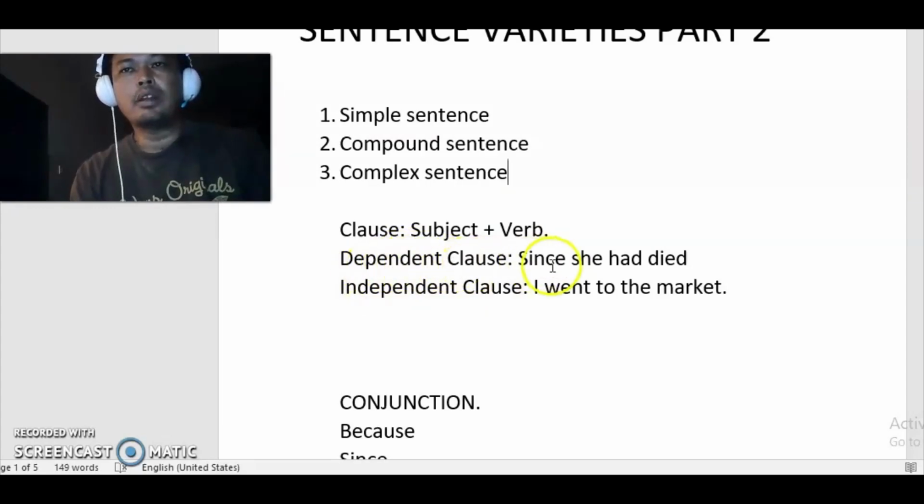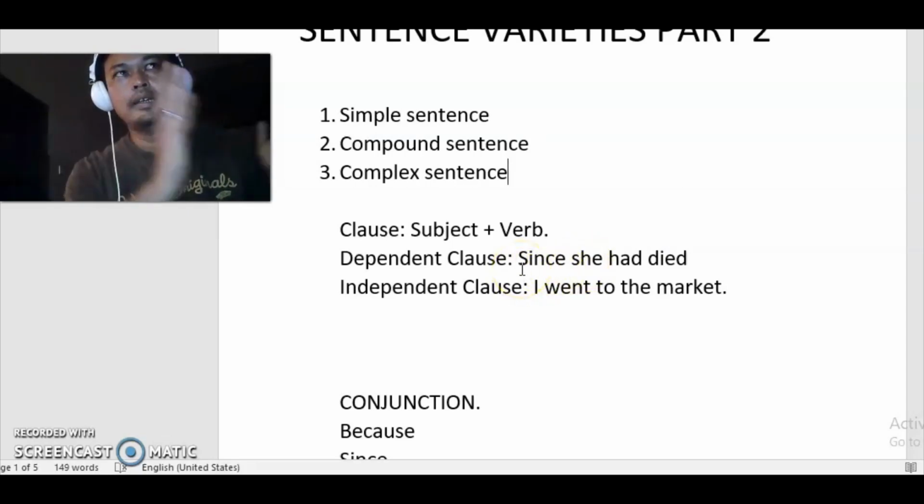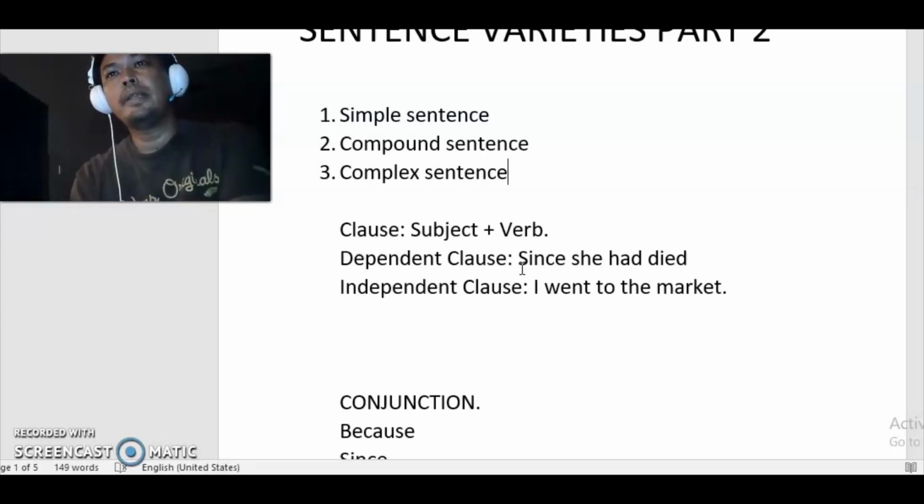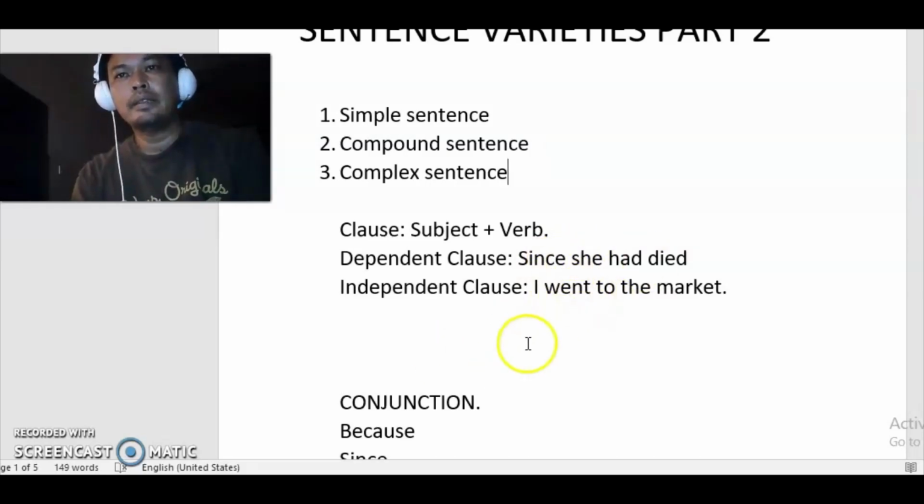Number one is a dependent clause. For example, here, since she had died. So this is a dependent clause. It needs something else to make it a complete sentence, because it is dependent. It cannot stand on its own. While there is an independent clause, which is I went to the market.